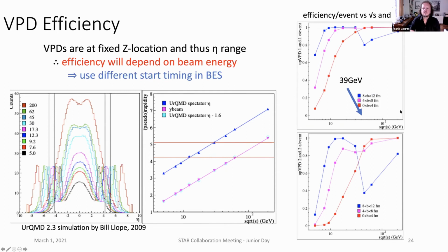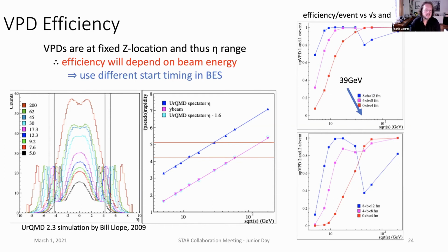On the right side, you can see that this has an effect on the efficiency of the VPD, the efficiency per event, as you go to lower and lower square root of S. If you barely have 1 and 1 on each side of the VPD, then starting below 39 GeV, the VPD efficiency really starts to take a significant drop.